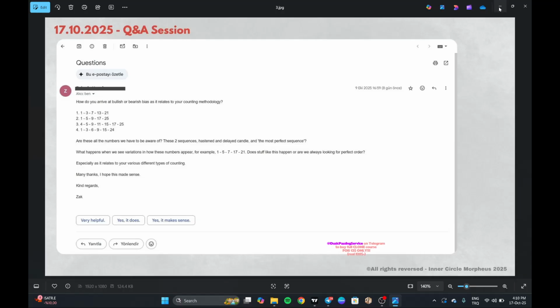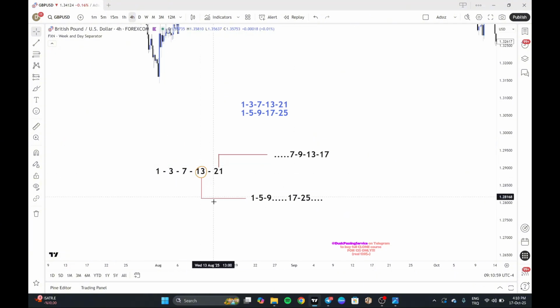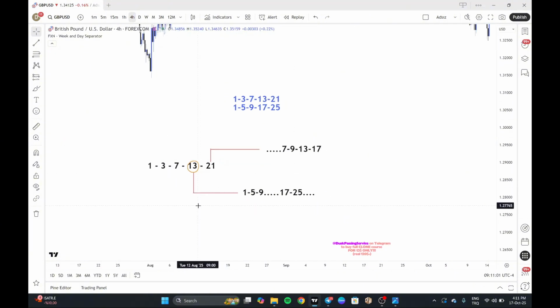But if you're advanced by learning what I showed you since we started the TDT bootcamp, then you can understand these sequences, how they are formed.